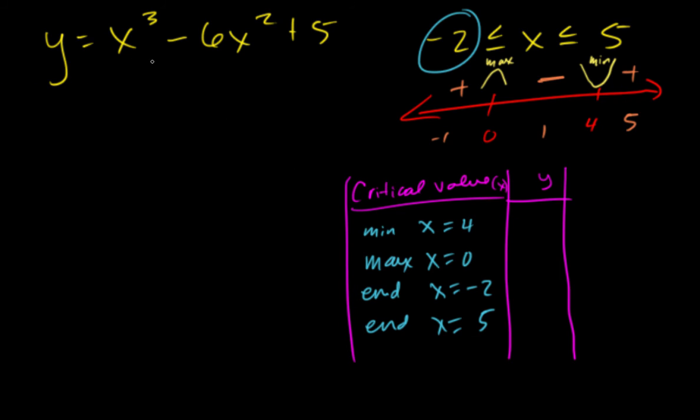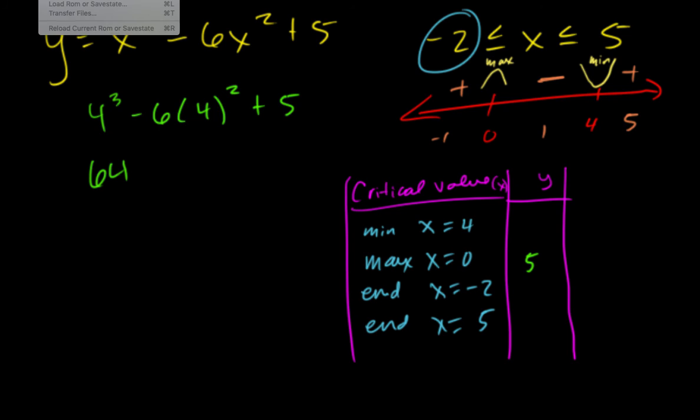Okay, so I'm going to plug in 0 first, because that's easy. Goes away, so 0 gives us 5. Then I'm going to plug in a 4. So 4 cubed minus 6, 4 squared plus 5. 4 times 4, 16, 64, 16. All right, I'm getting a calculator for this.